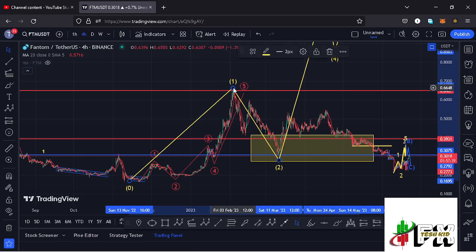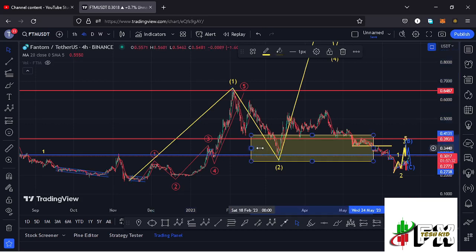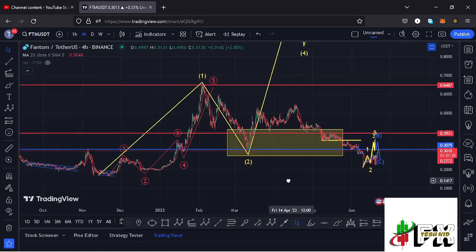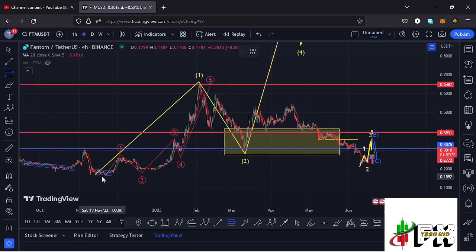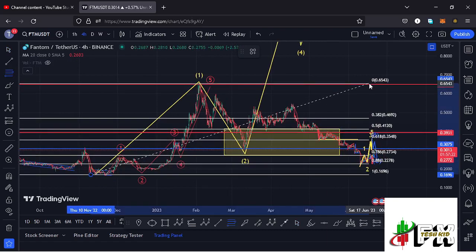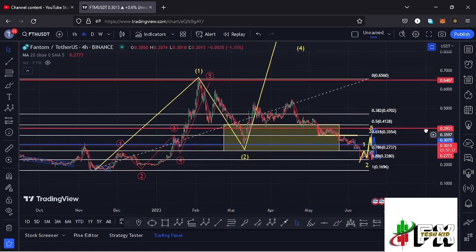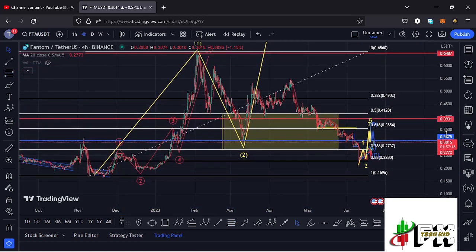Then we started a breakdown move in the formation of a larger Elliott wave count 2, with minimum target areas highlighted on the chart using this yellow target area that I came up with by connecting the Fibonacci from the December lows to that high at around the $0.65 mark, giving me a minimum target area between the fib level 0.5 and the fib level 0.78, which is an area that we fully maximized.